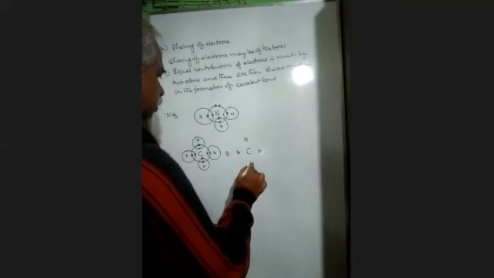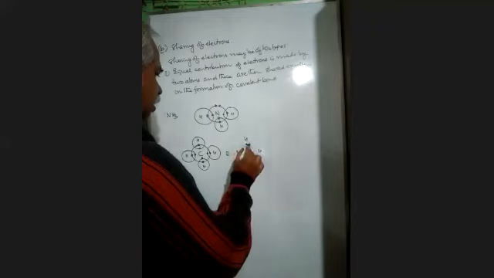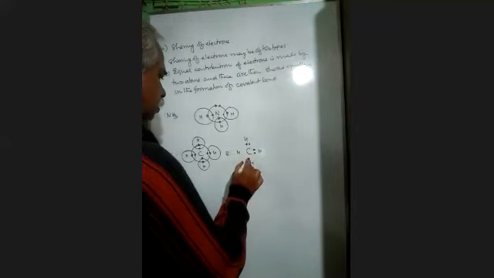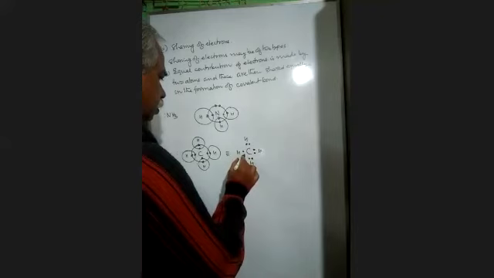If you don't want to draw a circle, what you have to write here? 2, 2, 2, and 2.